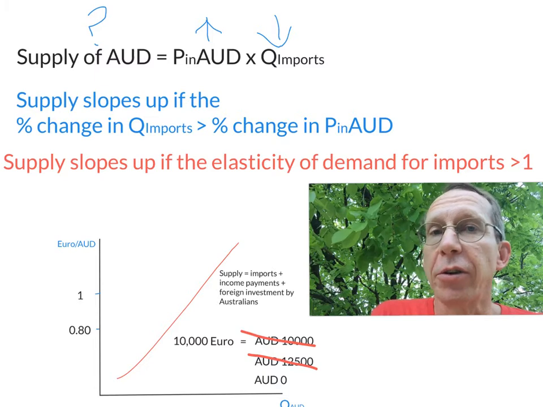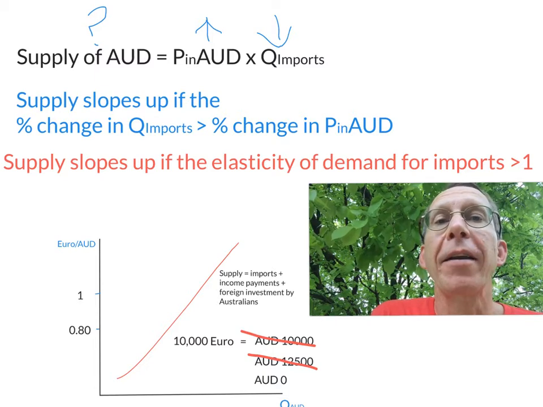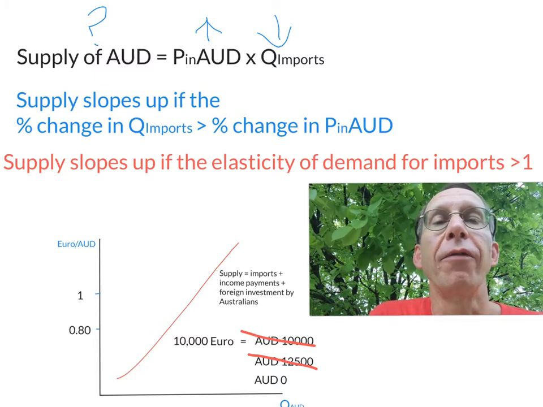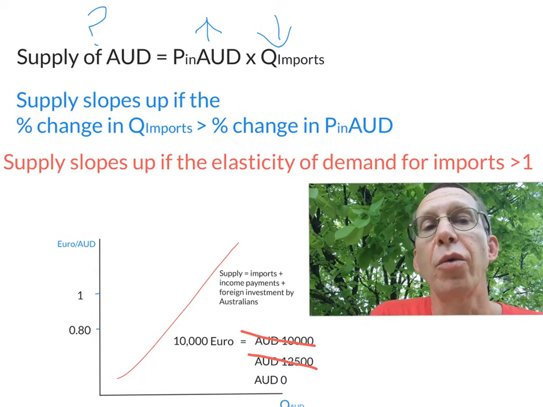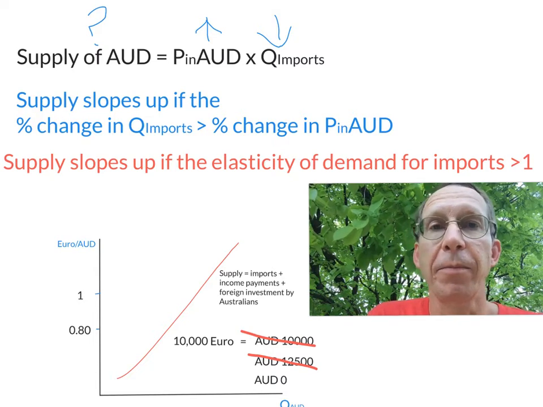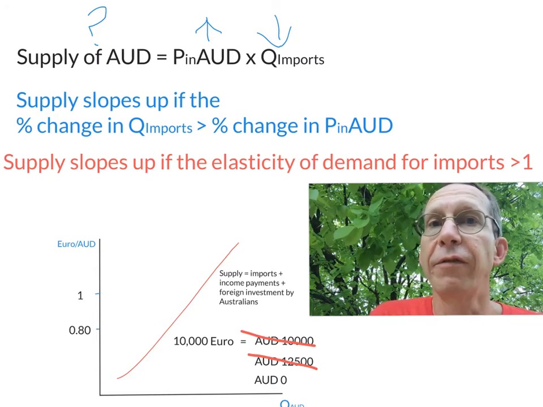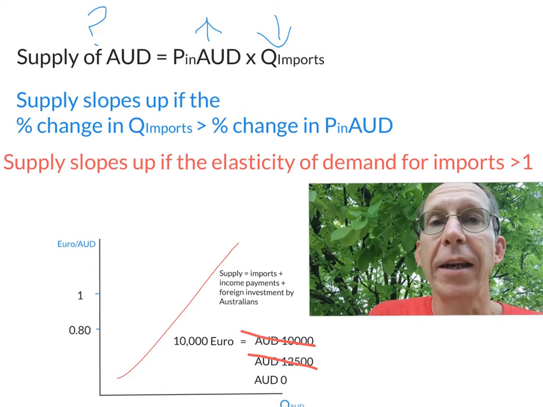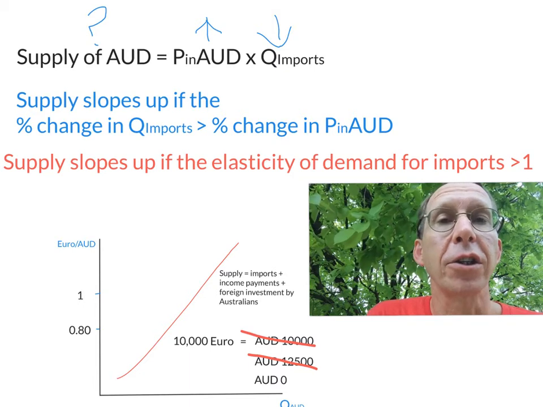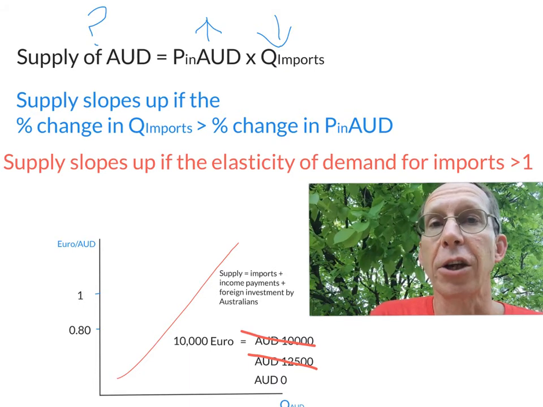In the next video, I'm going to talk about the other part of our supply and demand, which is foreign investment. We're going to find that foreign investment provides another pretty strong and convincing reason why demand for Australian dollars slopes down and supply slopes up.